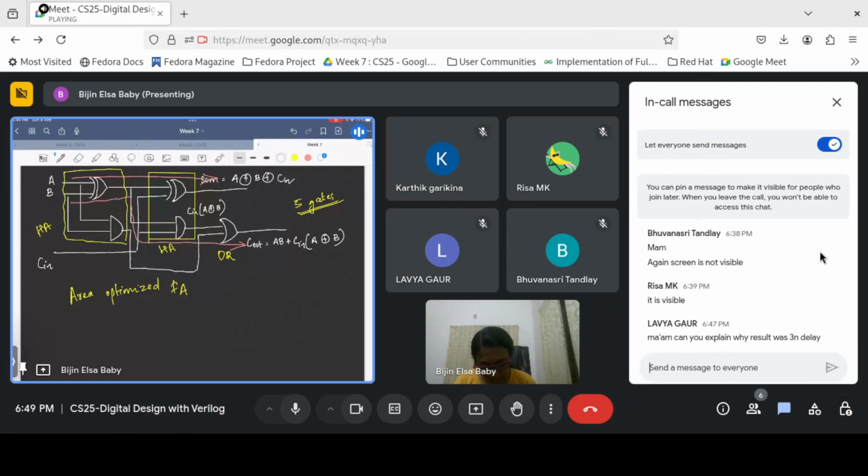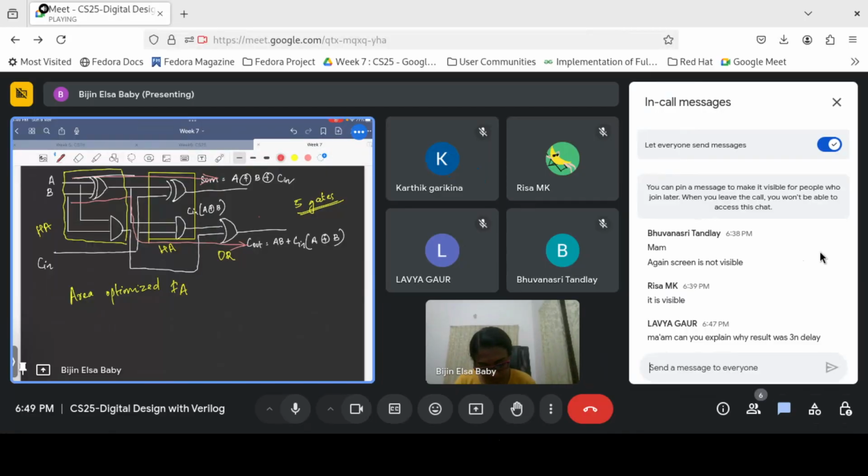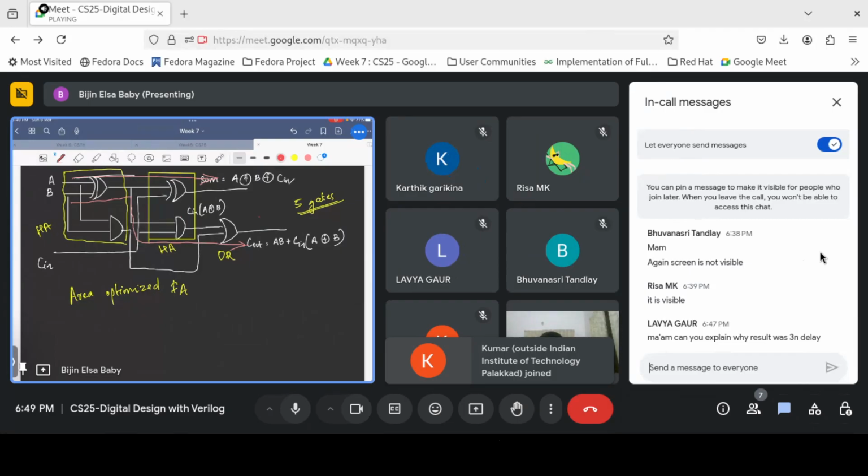For getting the sum, one path is this. Okay. And for finding out the carry, the next path is this. Is it clear? Or should I draw it again?